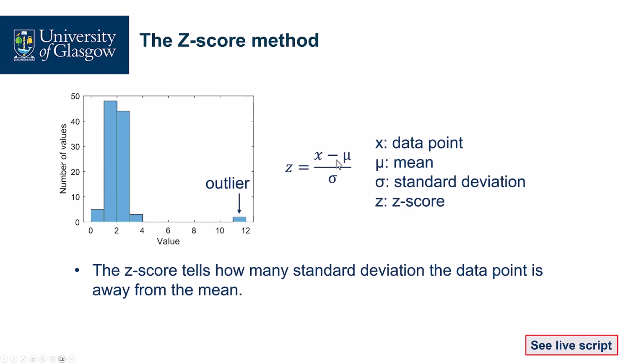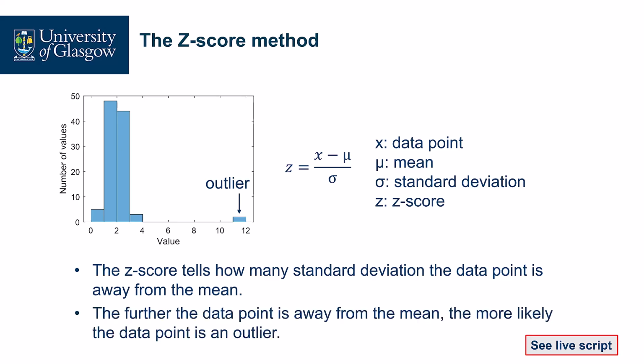That's why we subtract the mean and divide the result by the standard deviation. Clearly, the larger the number of standard deviations a data point is away from the mean, the more likely it is an outlier, so we can use the Z-score to judge it.